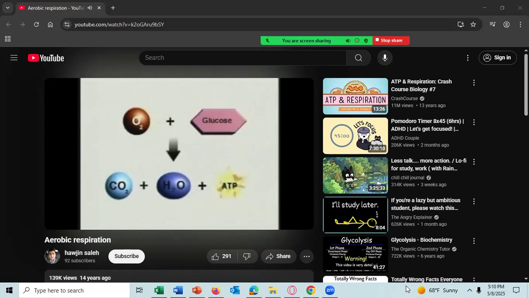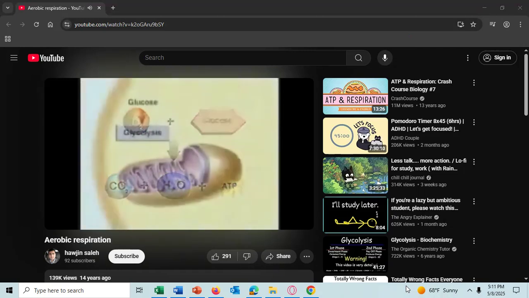This process releases energy, which the cell stores in the chemical bonds of ATP. The first stage of aerobic respiration, glycolysis, occurs in the cytosol, the jelly-like part of the cytoplasm. Glycolysis breaks each molecule of glucose into 2 molecules of pyruvate, energizes 2 electron carrier molecules, and produces 2 molecules of ATP.